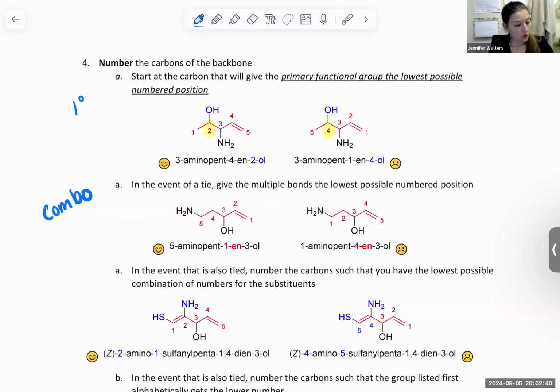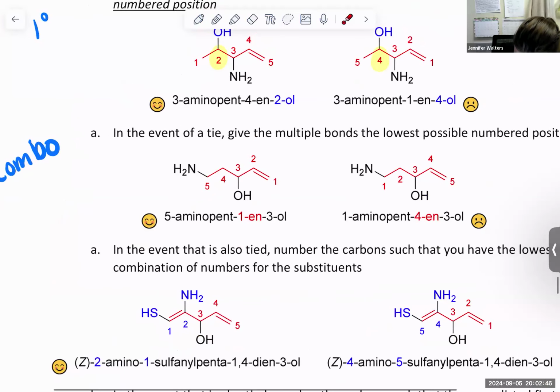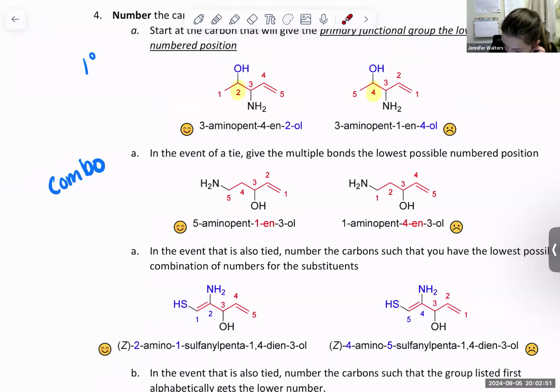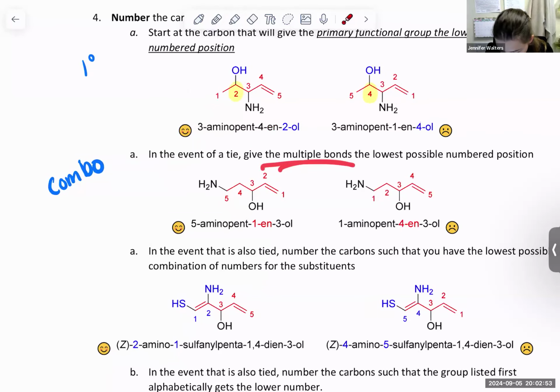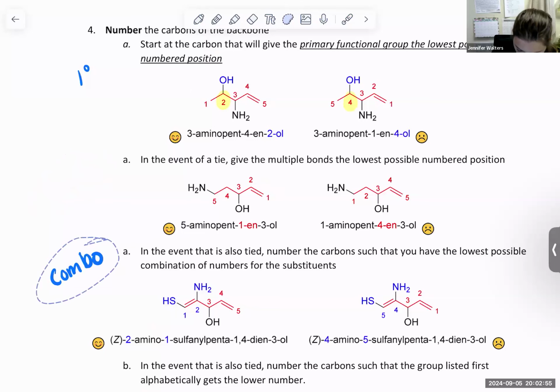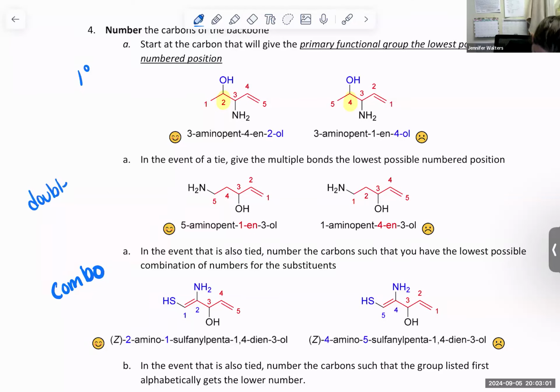So when I look here, no matter what, the alcohol is always on 3, so next, the multiple bonds need to be considered. So it's primary functional group first.